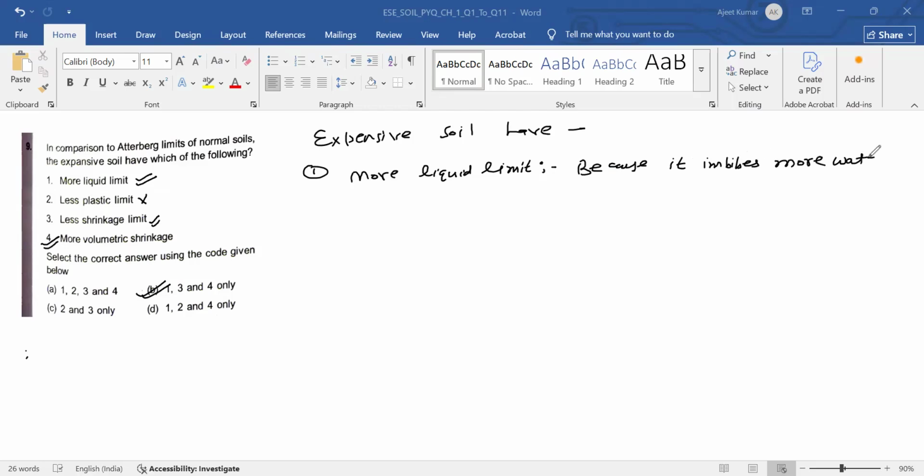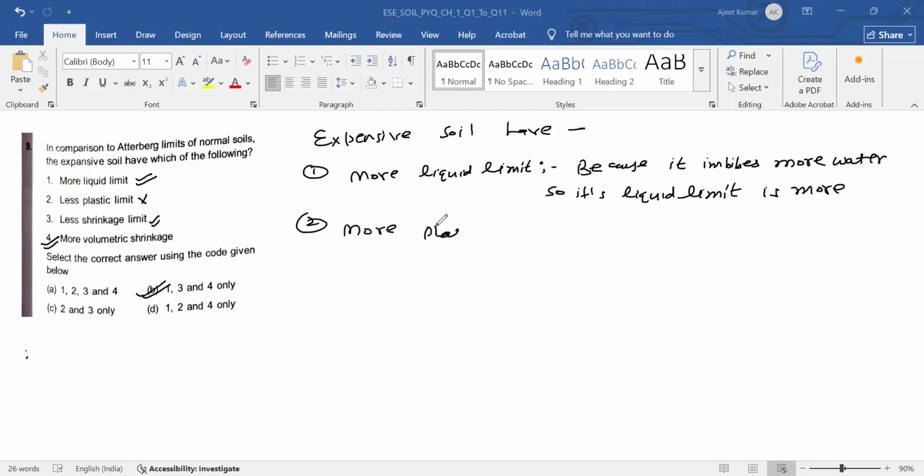So its liquid limit is more. The second one is more plastic limit.